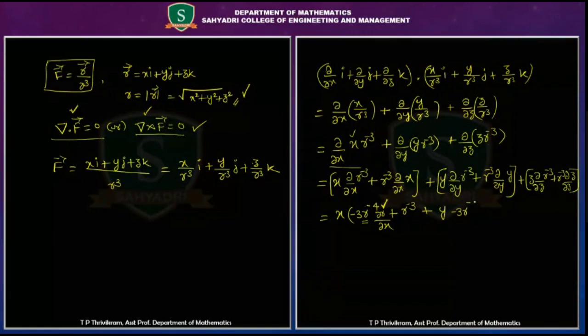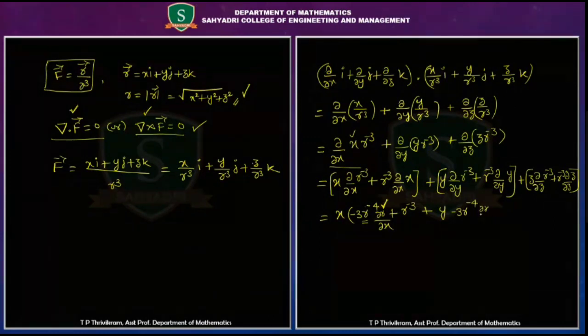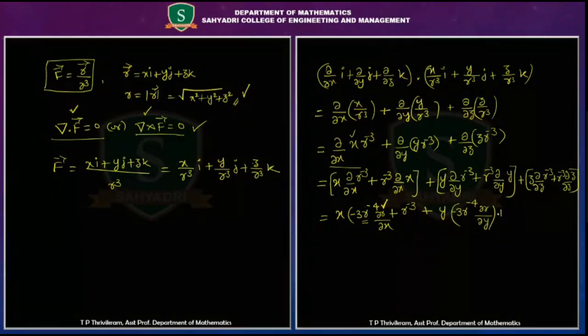Similarly, r power minus 4 into dou r by dou y will come, plus r power minus 3, plus z into minus 3 r power minus 4 dou r by dou z, plus r power minus 3.